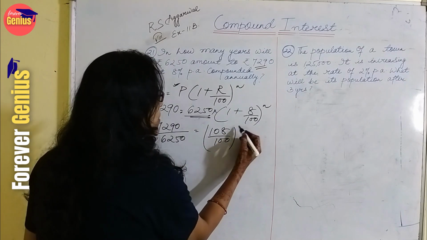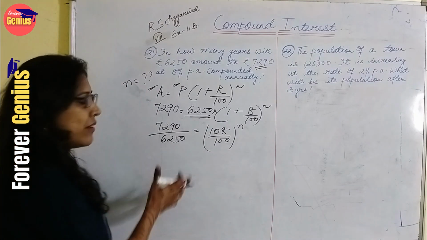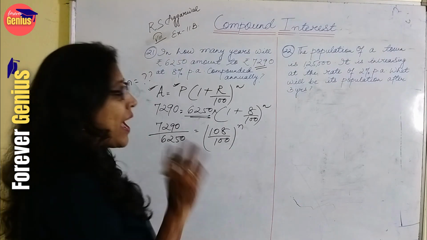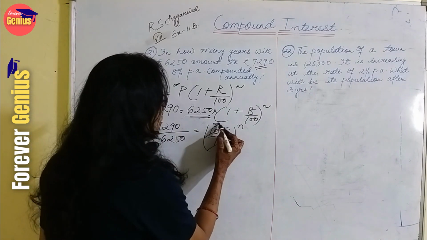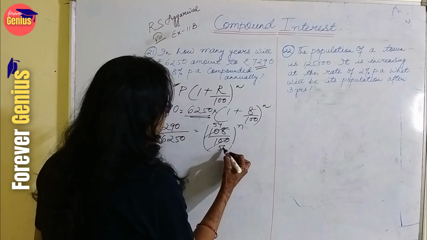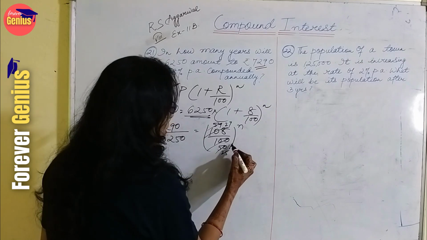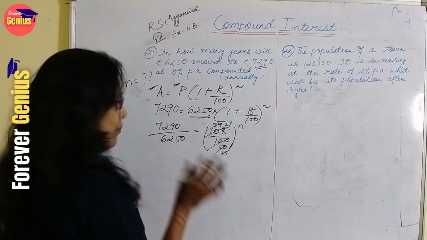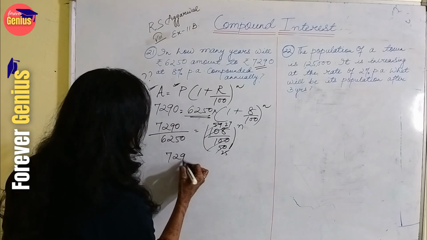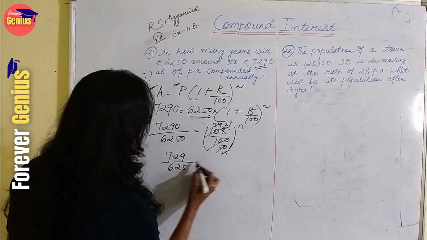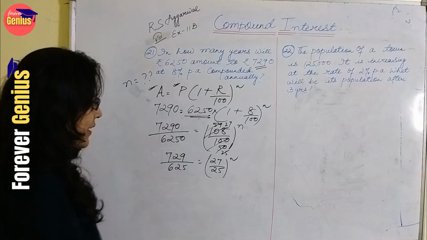In this type of sums, we need to bring it to the lowest term so that we can find the square root and determine the answer. How? Now this is 54, this is 50, this is 27 and this is 25. We cannot reduce it any lower. So 27 by 25. Now 729 by 625 is equal to (27 by 25) to the power n, isn't it?